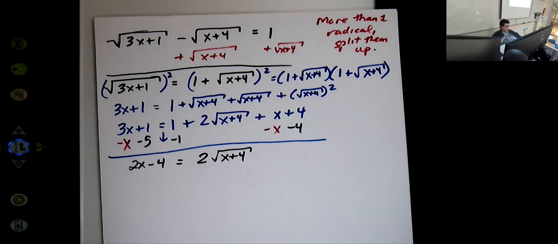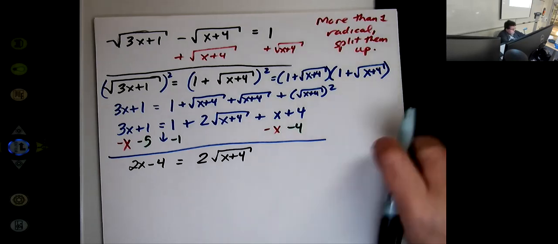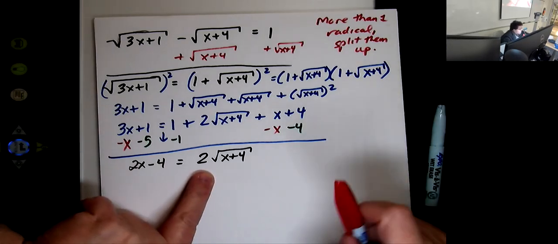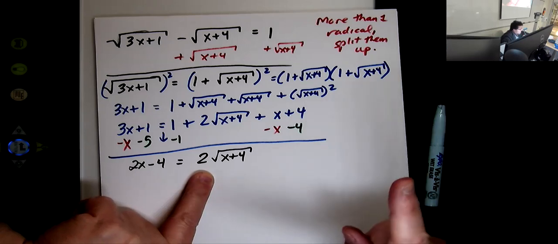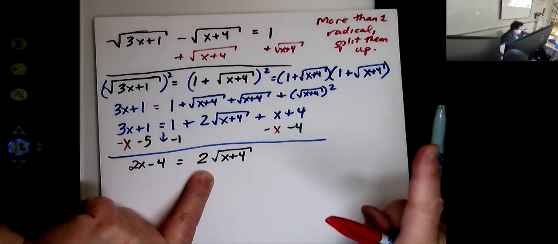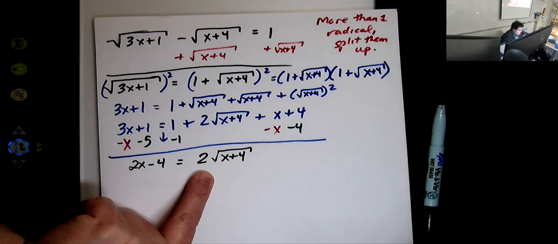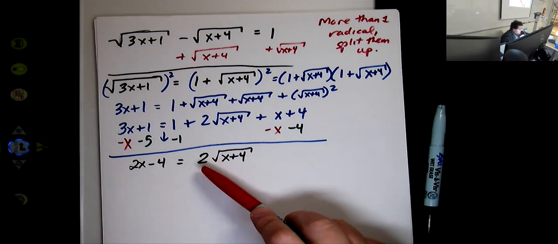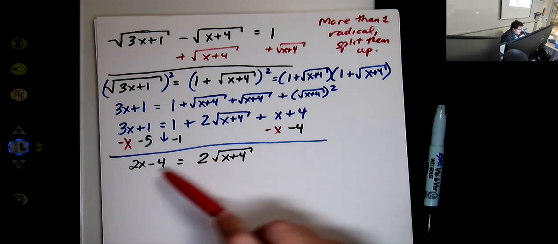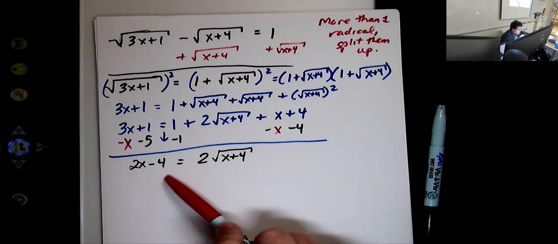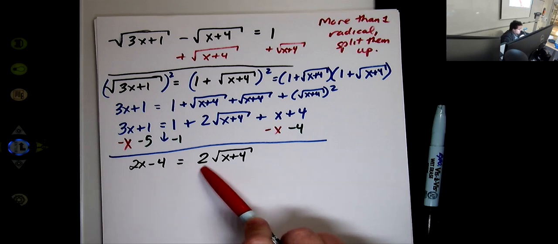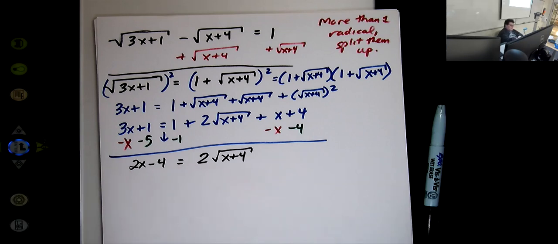At this point, if you have a number in front of the square root, there's 2 strategies. We can either divide by it, or we can leave it alone. The time you want to divide by it is when it goes away on the other side and doesn't make fractions. Can I divide this 2x minus 4 by 2 and not end up with any fractions? Yes.